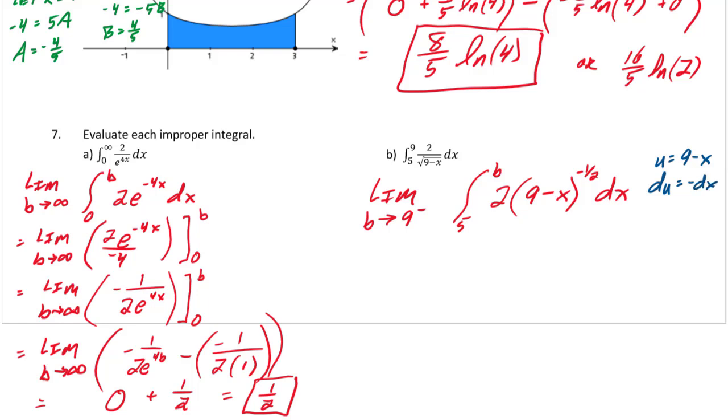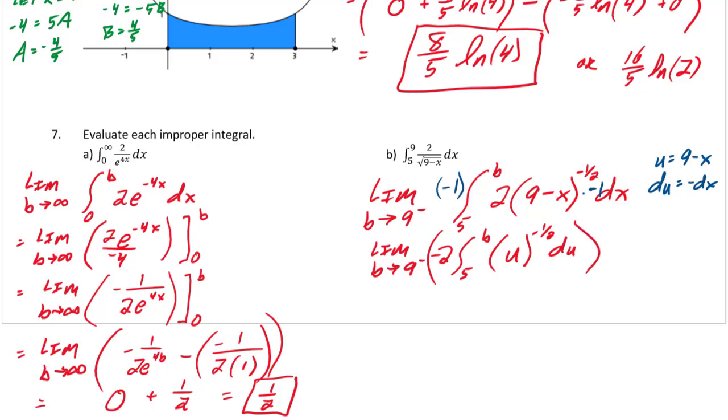So for this example, I would have to create a negative 1 to make that substitution work, and continue on, where I can now replace each of those values. And actually probably go ahead and move that 2 out front with the negative 1. And that now would become u to the negative 1/2 du.